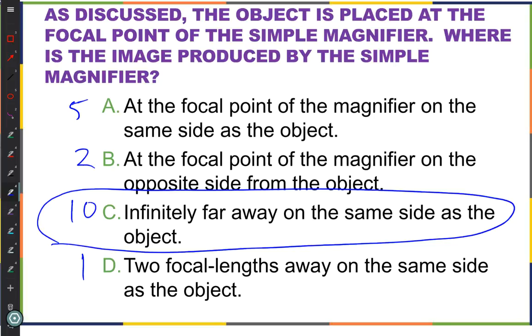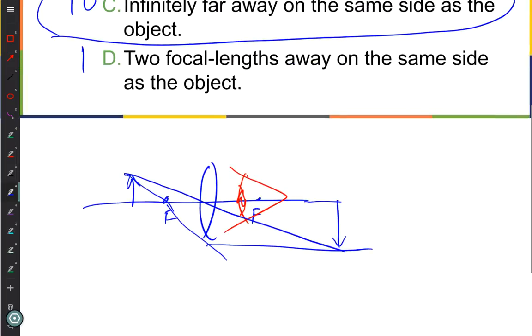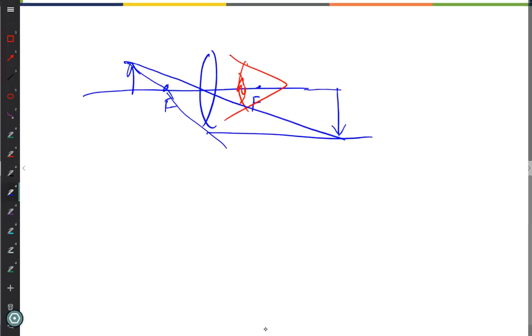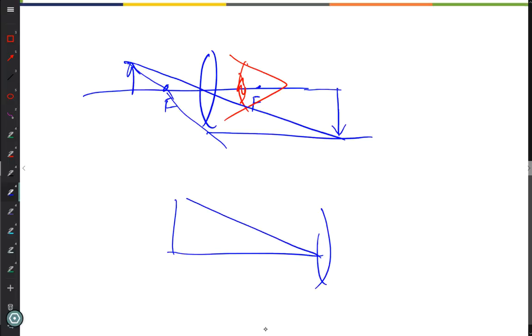Now in your homework problems, you have a problem where it's somewhere in between that. And if it's somewhere in between, you need to find the angle for the aided vision. For the angle for the aided vision, you're going to have the object here and the image here.